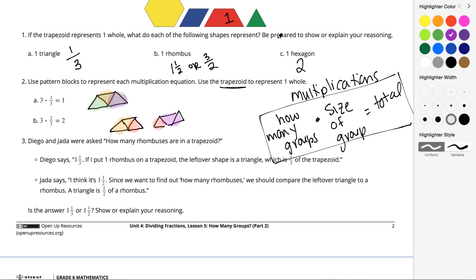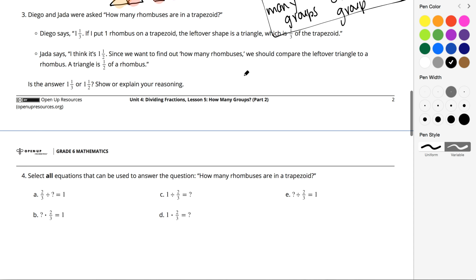All right, Diego and Jada were asked how many rhombuses are in a trapezoid. Diego says 1 1/3. If I put 1 rhombus on the trapezoid, the leftover shape is a triangle, which is 1/3 of the trapezoid. Jada thinks it's 1 1/2.